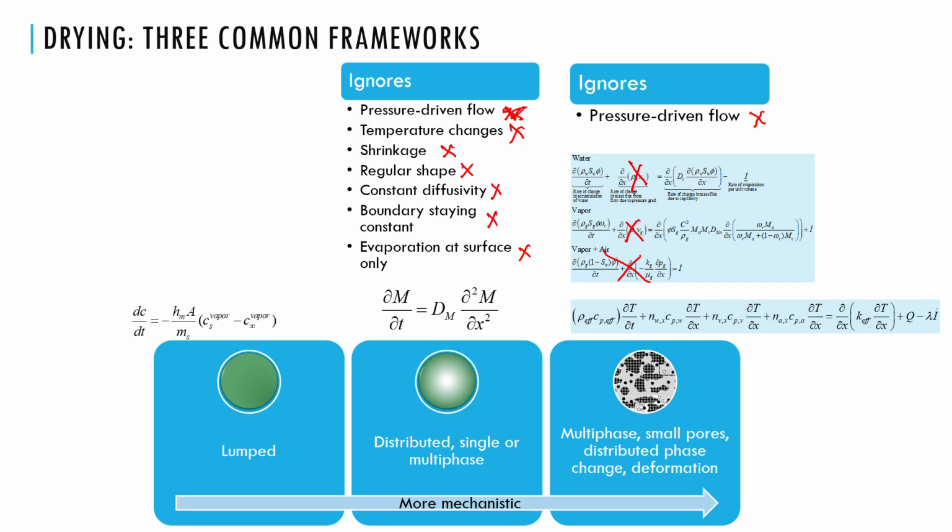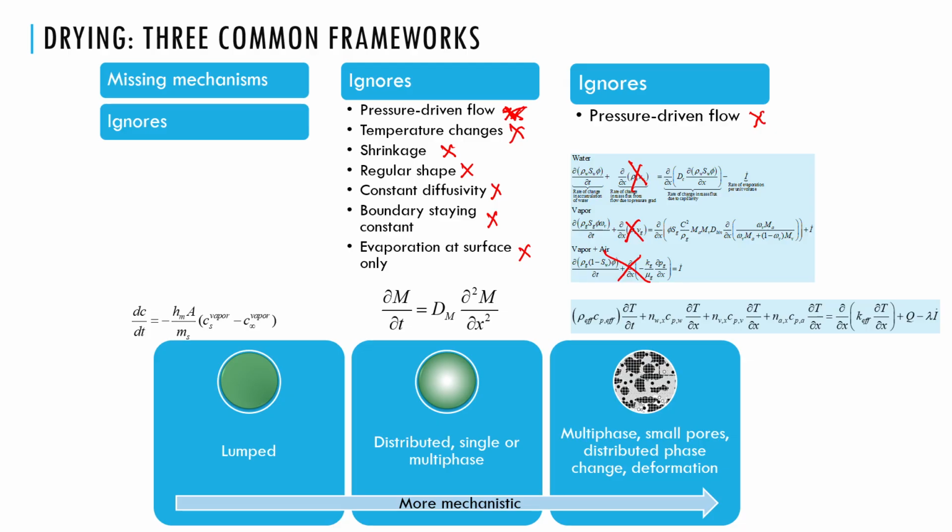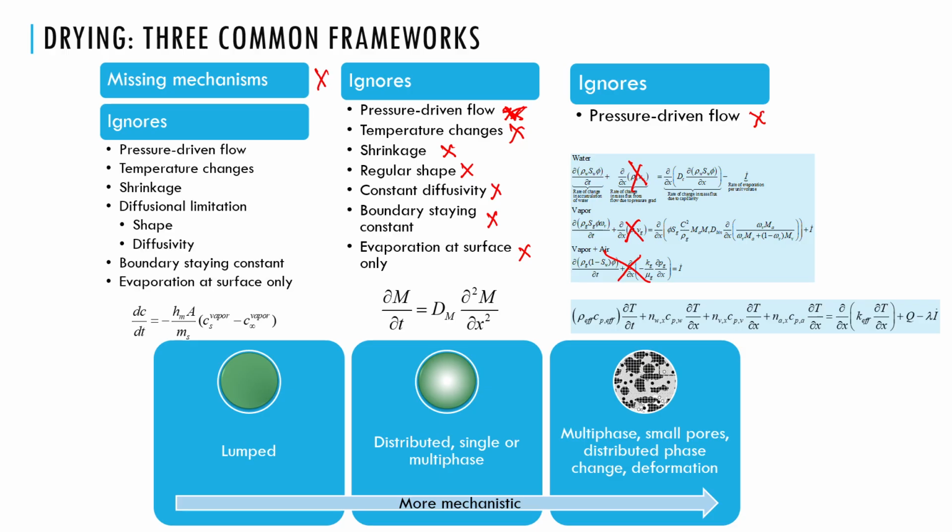Reducing the details even further, we get into the lumped parameter model, and the lumped parameter model really does not have the detailed mechanisms at all, and of course it ignores all of the other things that we have talked about, and so this often ends up being almost like an empirical model.